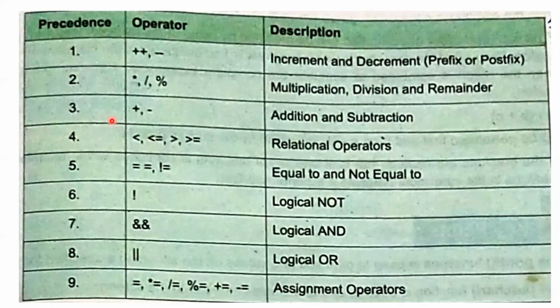Third one, addition and subtraction, and then relational operators. Relational operators means less than, greater than, less than or equal to, greater than or equal to. The next is equal to and not equal to, then logical not, logical and, logical or, and the assignment operators. Clear?